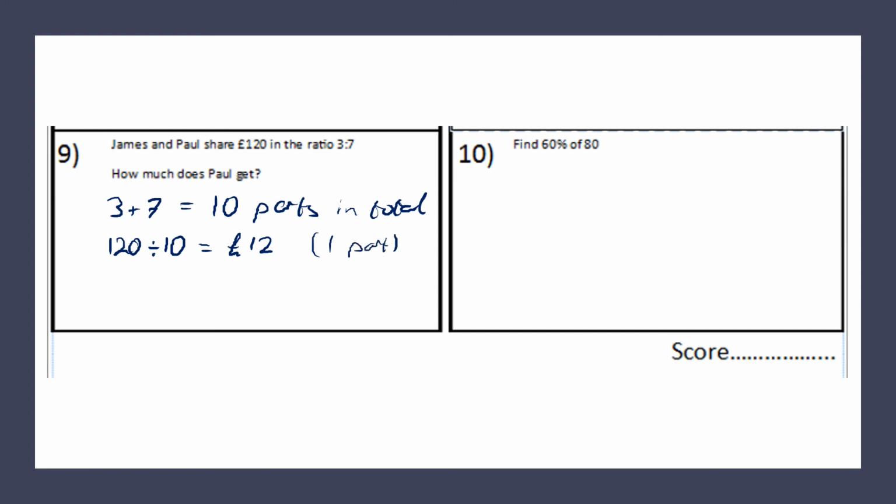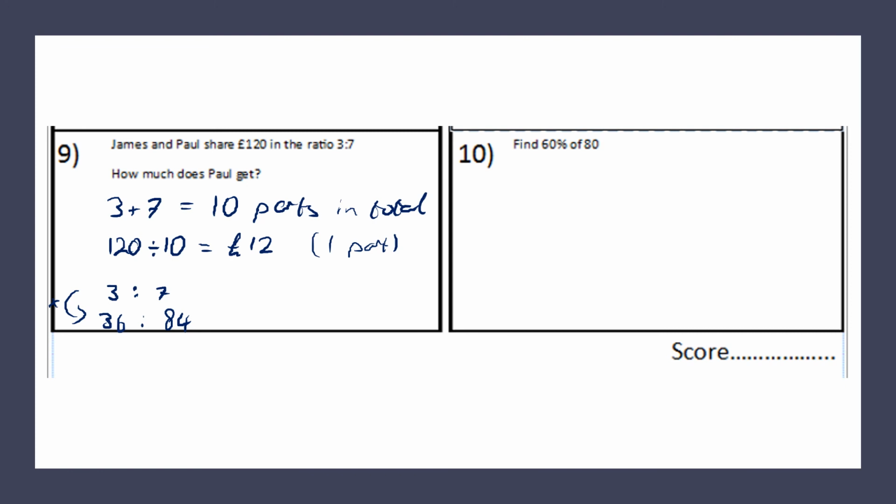Okay, so the next we've got a ratio of 3 to 7. So we're going to times that by 12. So we've got 3 times 12, 36. 7 times 12, 84. Okay, so to do a quick check to make sure that you've done that right, 36 and 84 should add to 120, and it does, so we're okay.